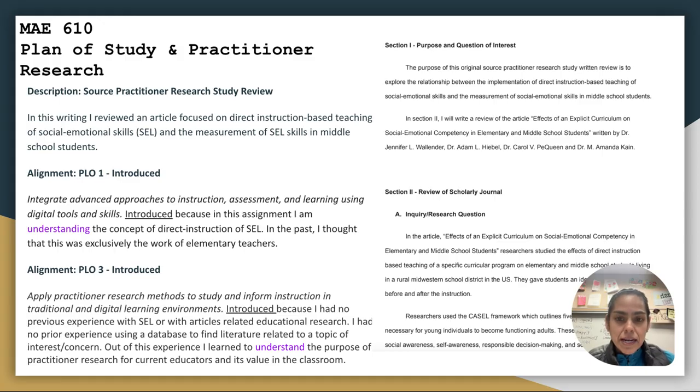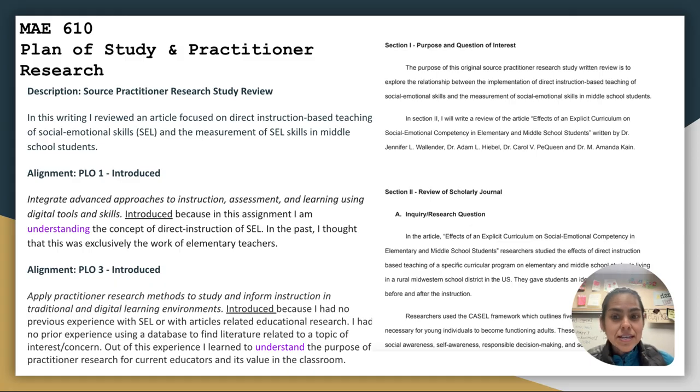So the assignment that I picked was a source practitioner research study review, in which we had to break down one research article, and so I focused on direct instruction based teaching of SEL skills and the measurement of those SEL skills in middle school students. I have been a middle school teacher for over 10 years. And to be honest, before embarking on this master's program, I had no knowledge of SEL.